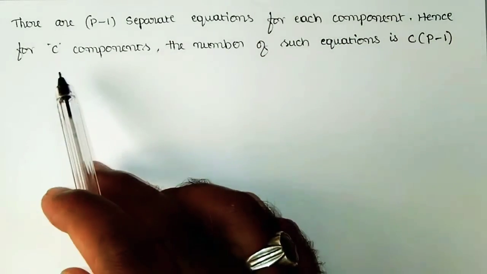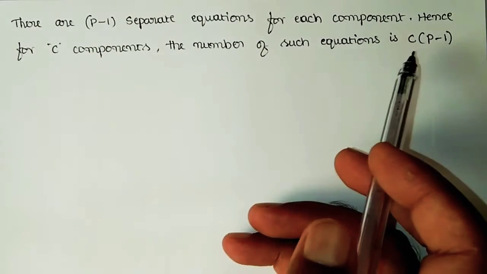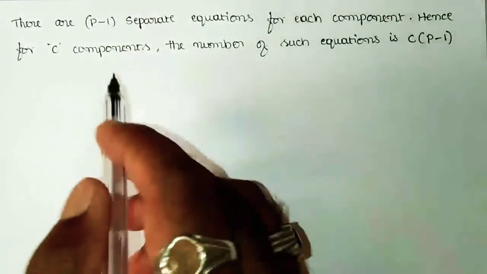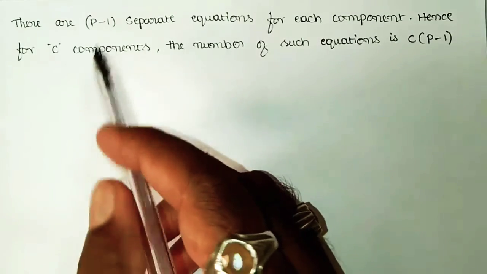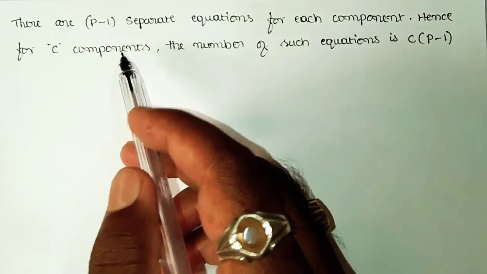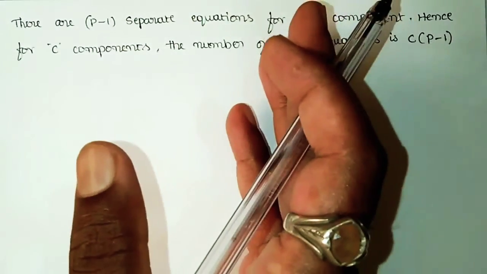Hence, for C number of components, the number of such equilibrium equations will be equal to C times (P minus 1). And since the distribution of each component between two phases is in the state of equilibrium, there will be no net exchange of particles of the components between the two phases.